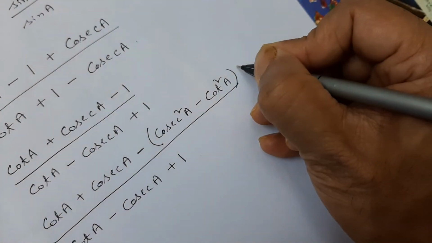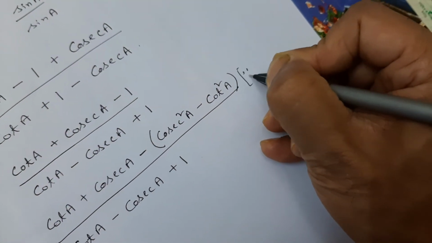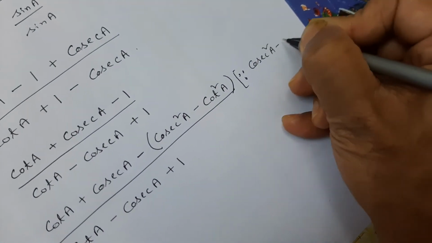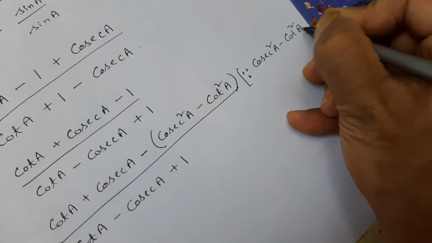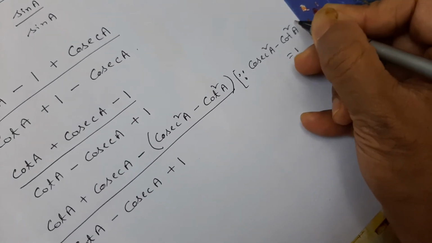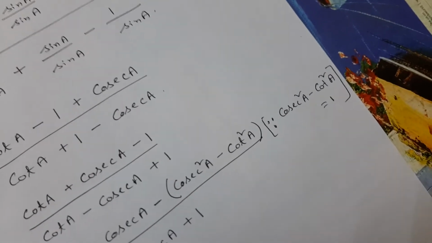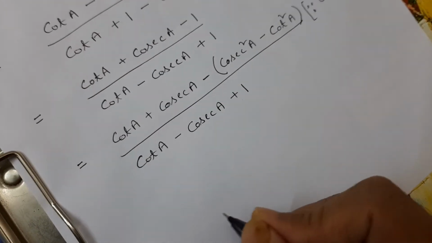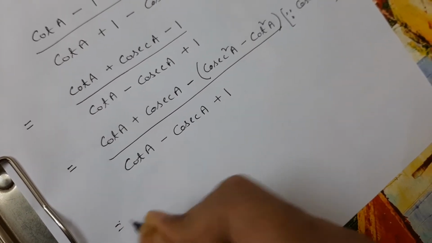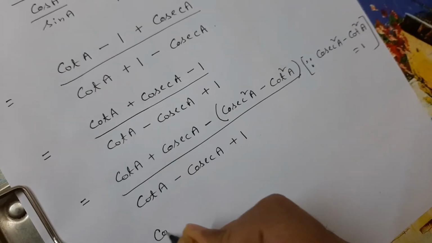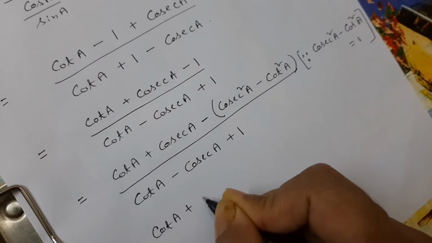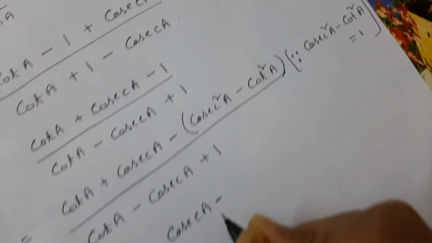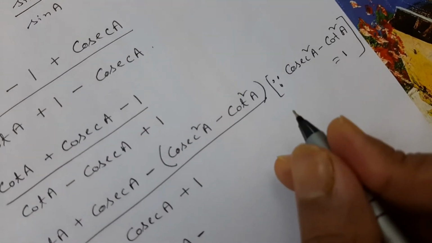So here using the identity is, since cosec square A minus cot square A equal to 1. This is the identity. Okay, equal to cot A plus cosec A minus cosec square A minus cot square A.